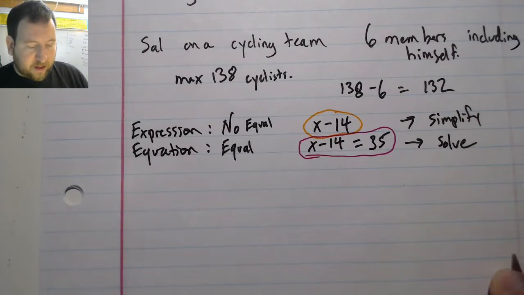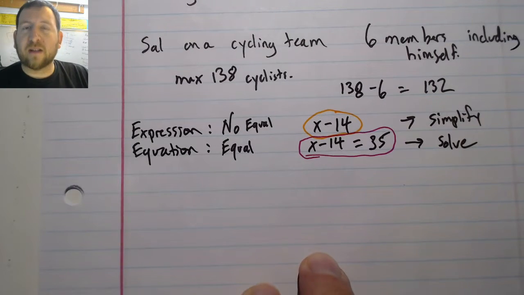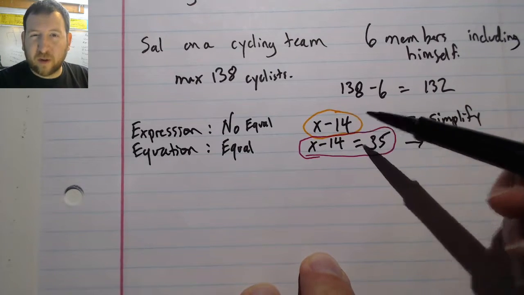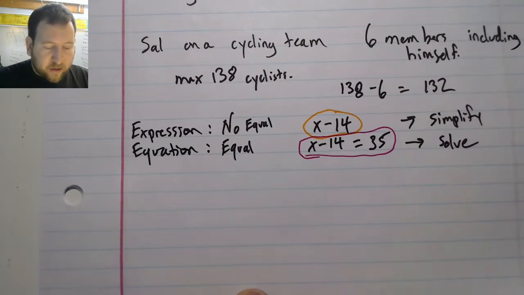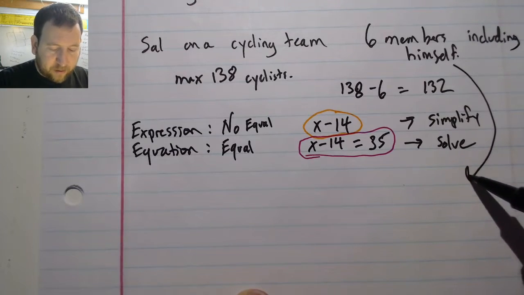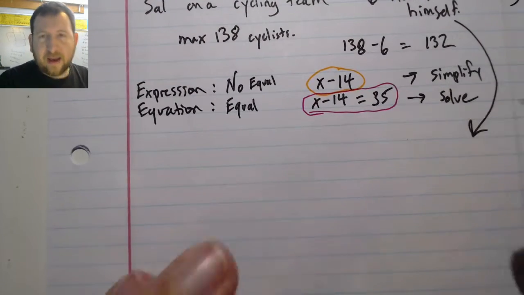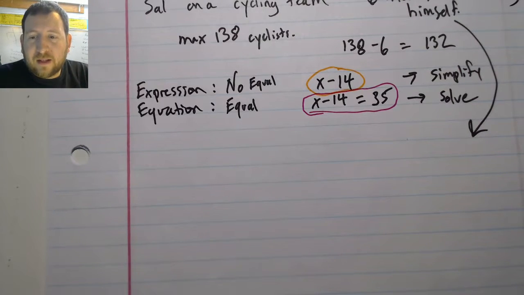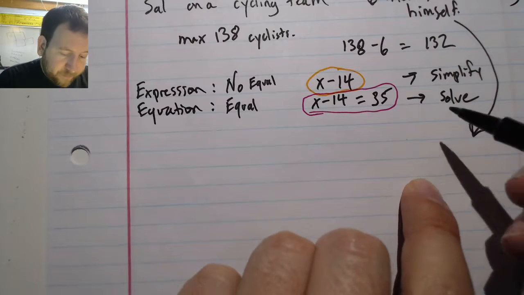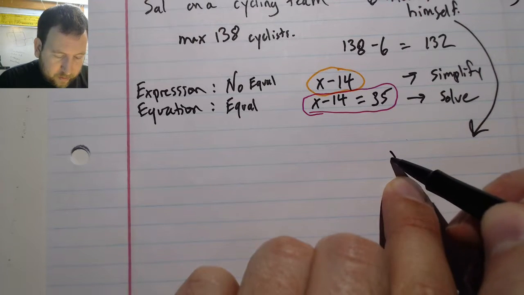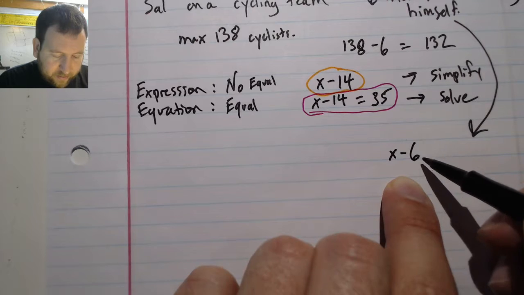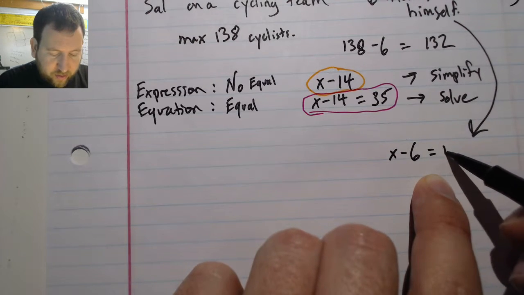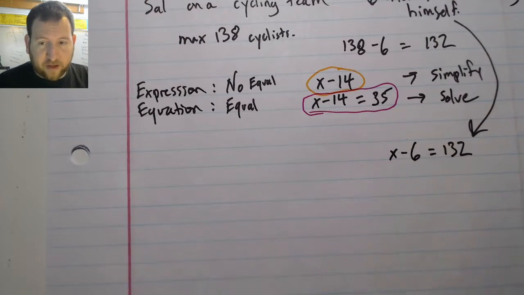So in this section, we're just going to be using addition and subtraction phrases only to write these little expressions that look like this. Okay, returning to our cycling team example, say I didn't know how many people were on the cycling team already. I could simply write it as x minus 6 needs to be more than 132 as one way for me to write this.